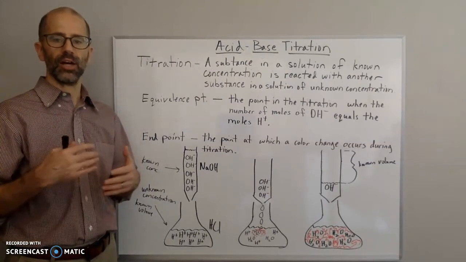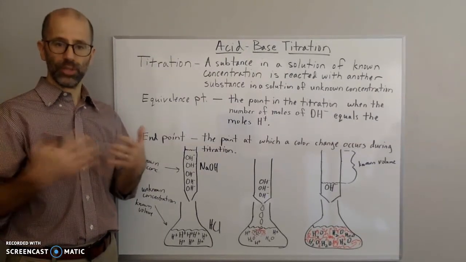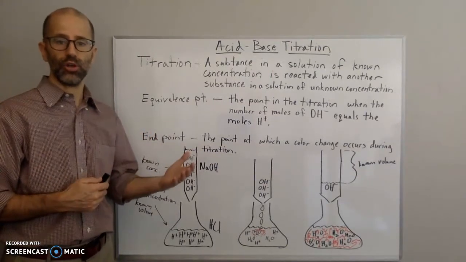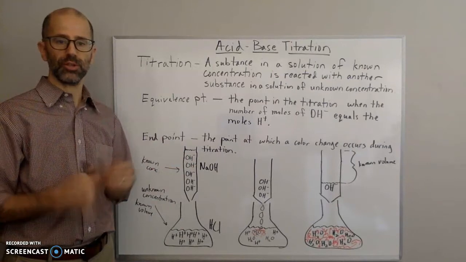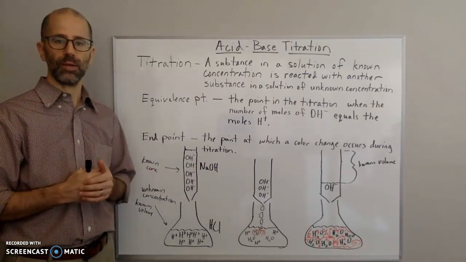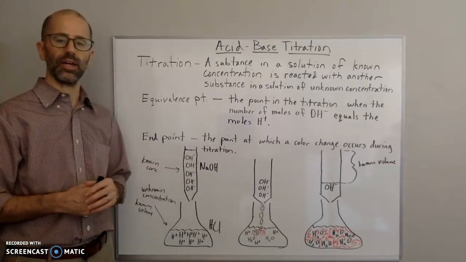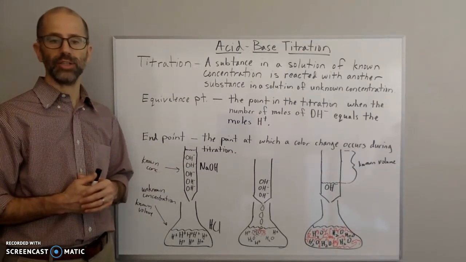And then when you reach the point at which they're neutralized, then you'll have the volume of the known solution. And so then you can use your molarity to try to figure out what the unknown concentration is.